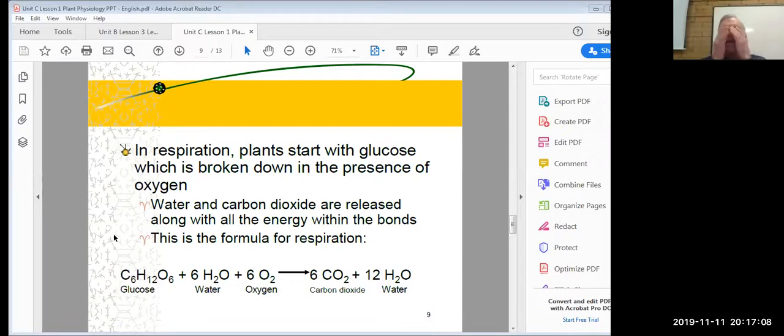What's the percentage of carbon dioxide versus the oxygen that is used? What's the ratio of oxygen produced versus carbon dioxide produced overall? Okay, let's look at that. I think it's 1-to-1.